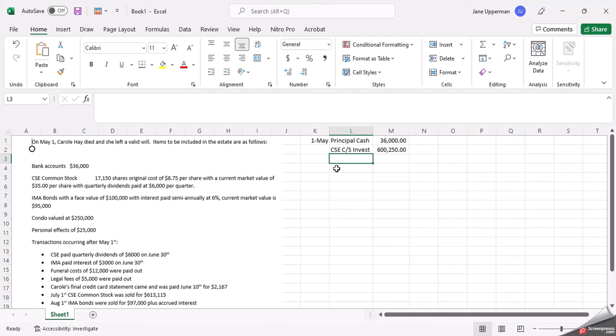Then it also tells us there's quarterly dividends paid at $6,000 per quarter. So she would have already received her first quarter at the end of March. There would be 1 month that would be payable to her. So we can set up a dividends receivable.